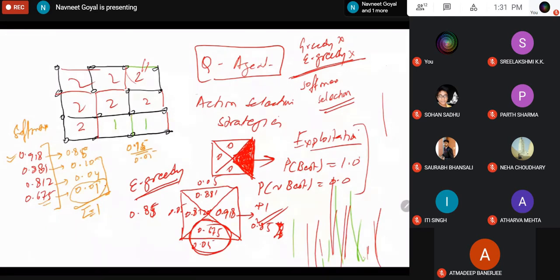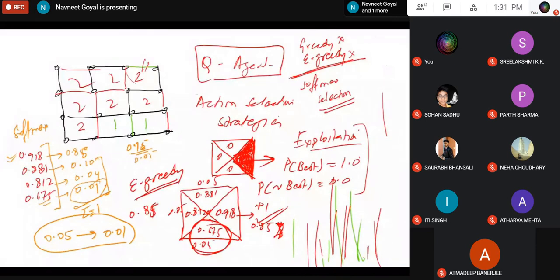Once you do this, you take care of the problem which is there in absolute greedy. Now the probability of 0.675 has come down from 0.05 to 0.01, so I am minimizing the probability of picking up the worst option.